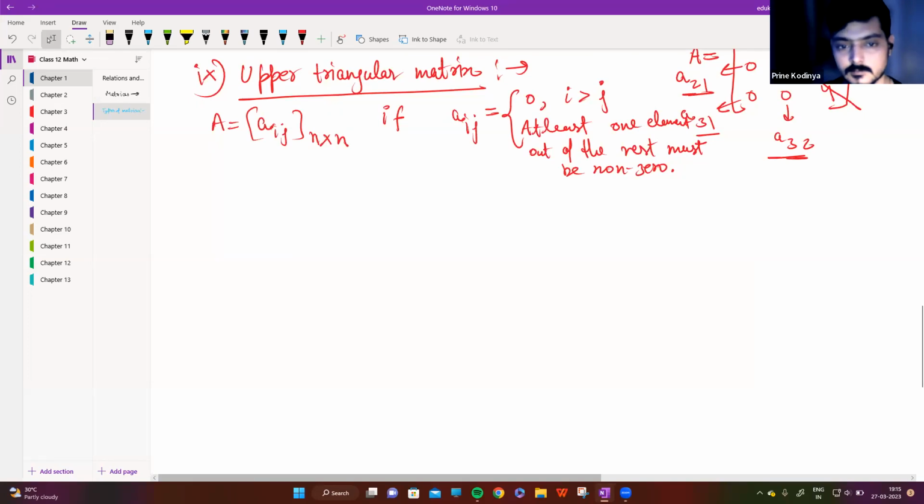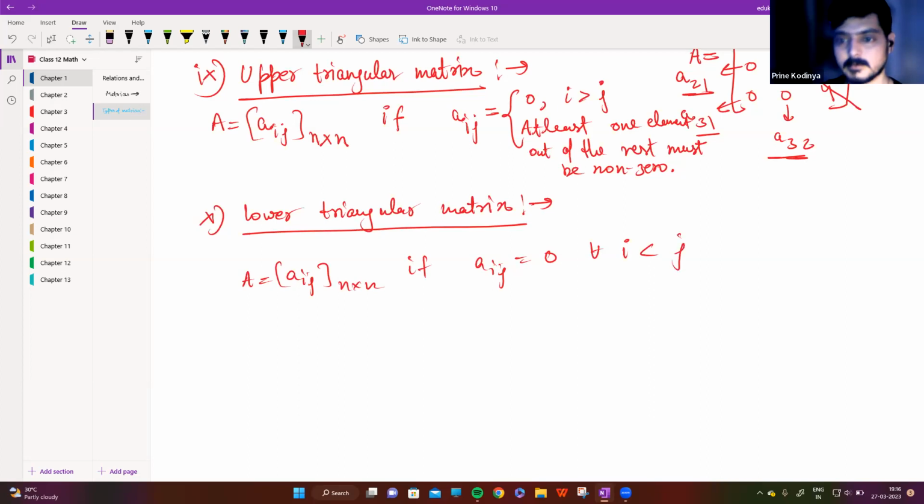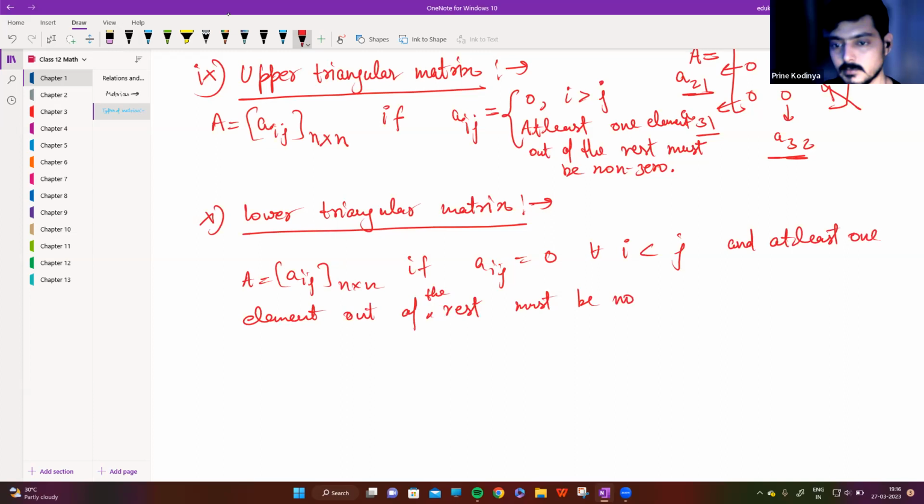So the last one is the lower triangular matrix. This will be A is equal to Aij, n cross n, if Aij is equal to 0 for all i less than j, and at least one element out of the rest must be non-zero.